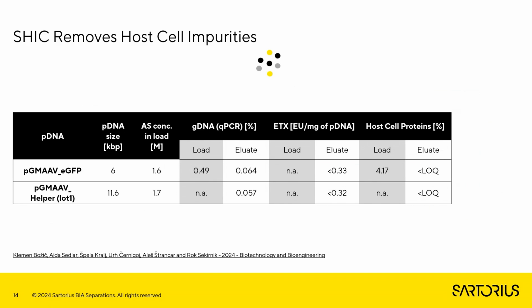And I think it's clear that we can confirm that all impurities, including genomic DNA, endotoxins, and host cell proteins, were reduced to below LOQ or to below acceptable limits.